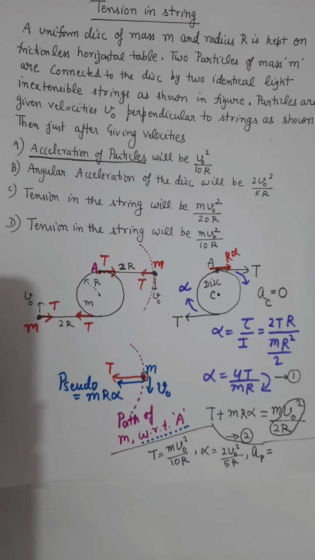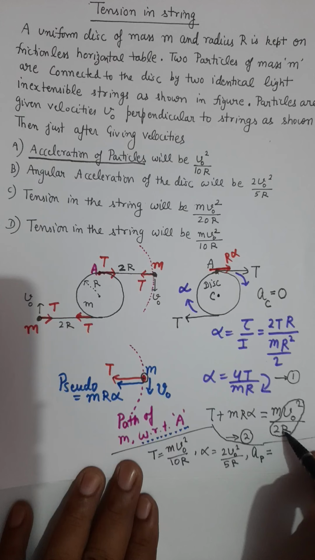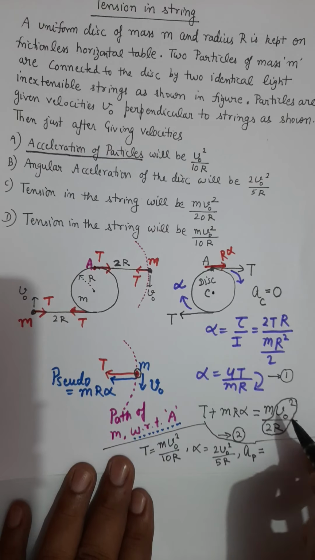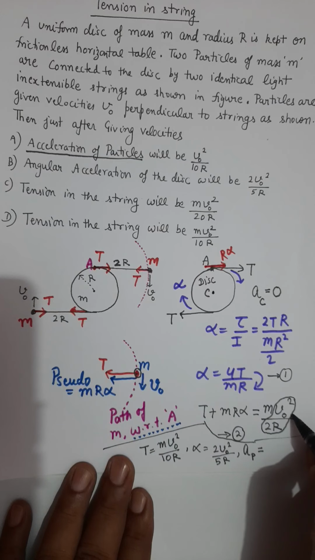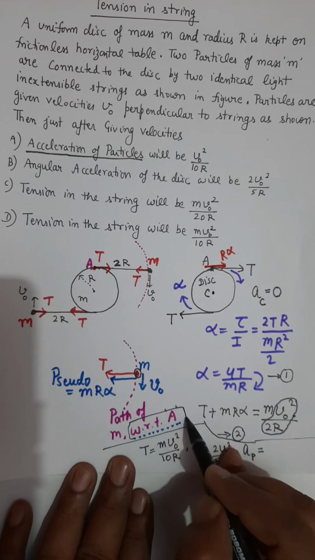Since nothing is specified in option A, we assume that the acceleration of particle required in option A is relative to the inertial frame. This v0 square by 2r is not relative to the inertial frame. v0 square by 2r is the acceleration of the particle, but that is relative to reference frame capital A.